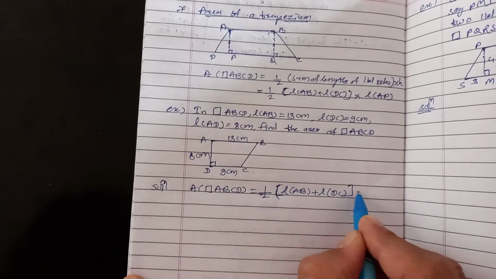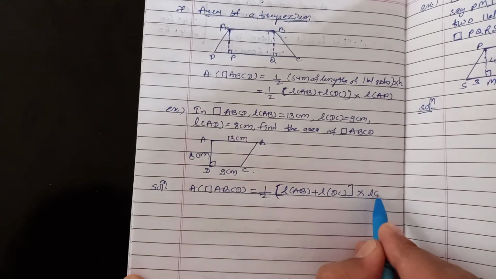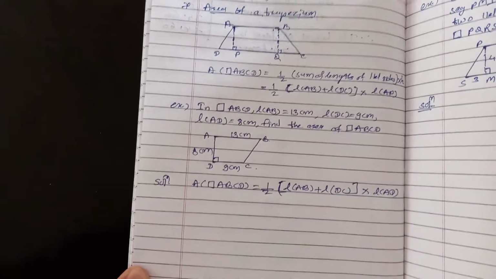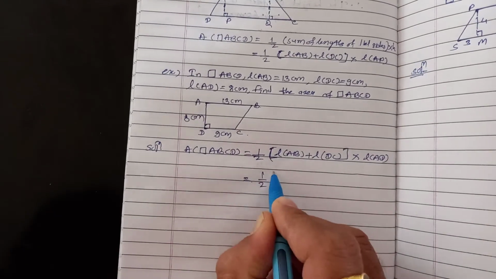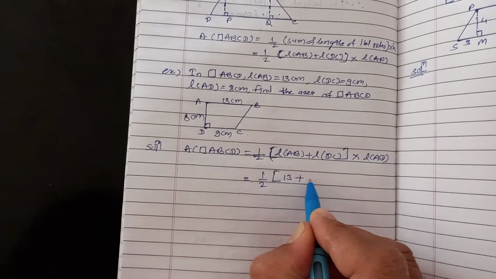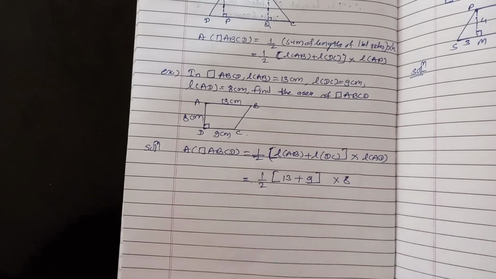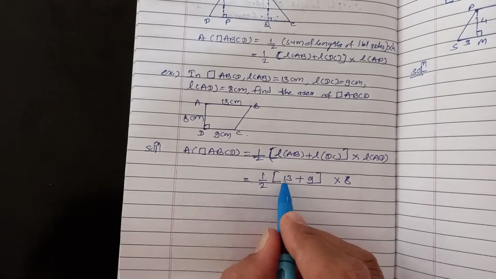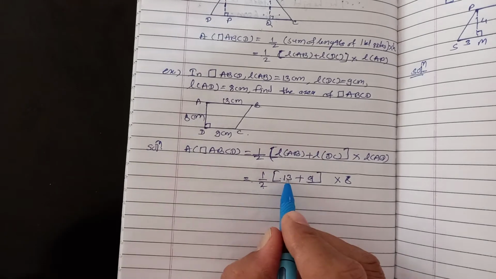This is the parallel sides into height. Height means perpendicular. What is the perpendicular given? Length AD. First here you have to write the formula. The formula has marks. So 1/2 in bracket, AB is 13 plus DC is 9, into AD is 8. One thing is important here: if inside the bracket any number is divisible by 2, don't divide, because here it is addition.